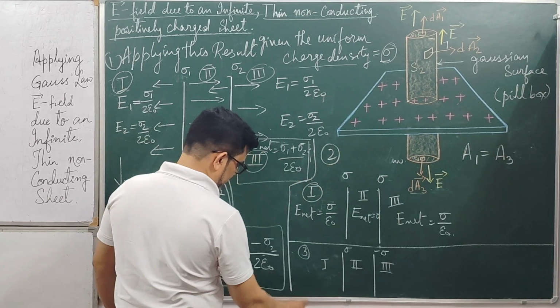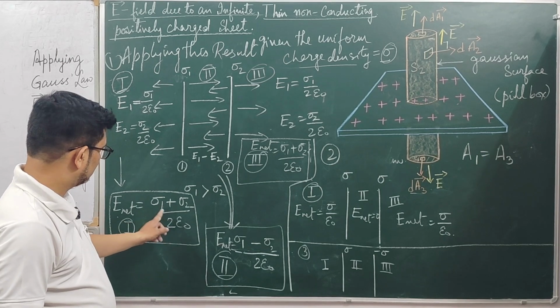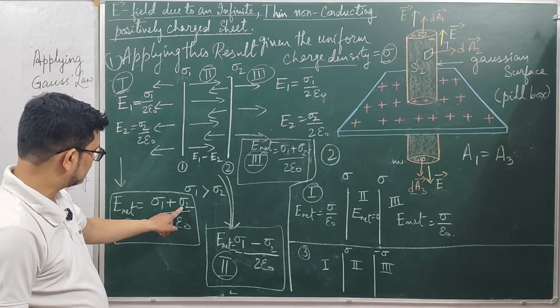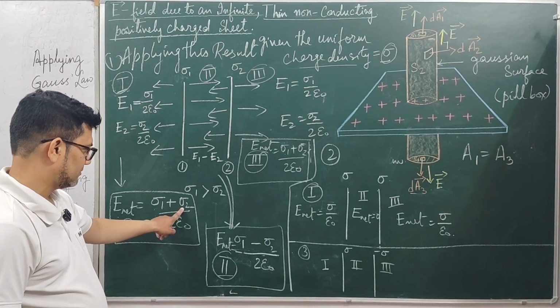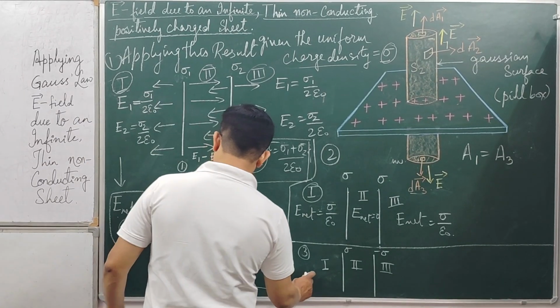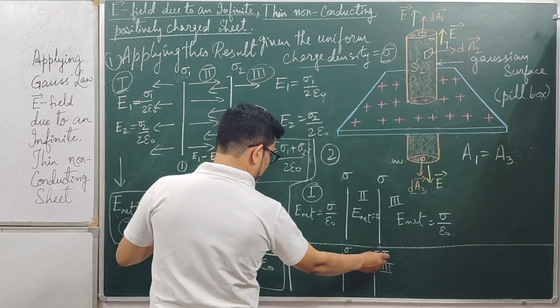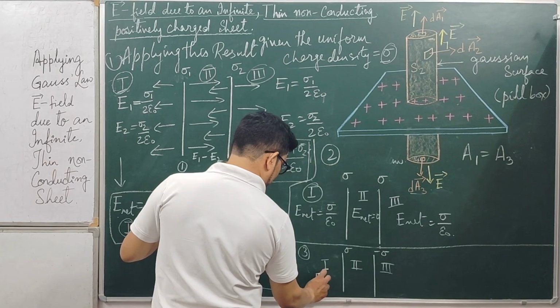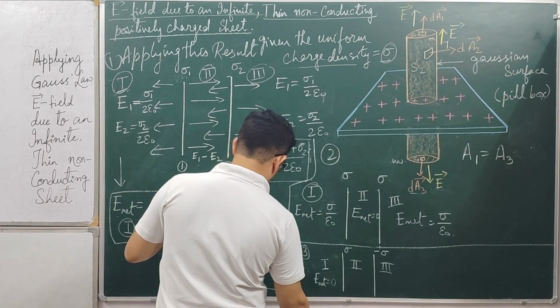So in this one, we'll put sigma 1 equals sigma 2 in terms of magnitude, but the nature is different. So it comes out to be sigma 1 minus sigma. Because it's going to be minus, here E net equals 0.